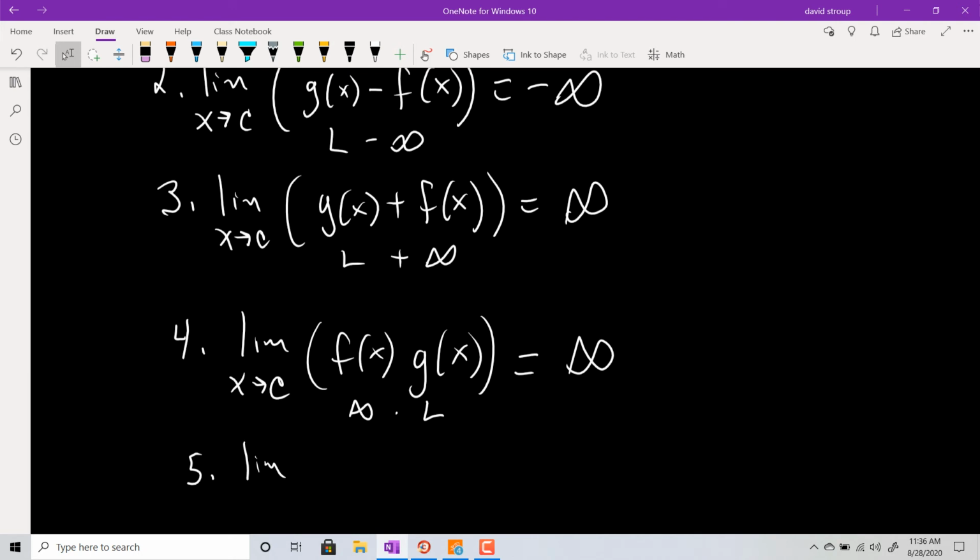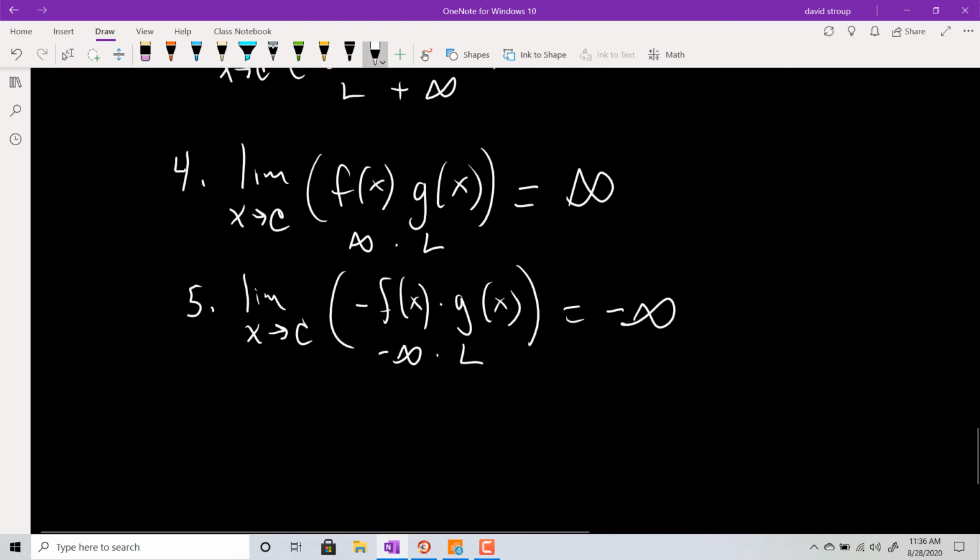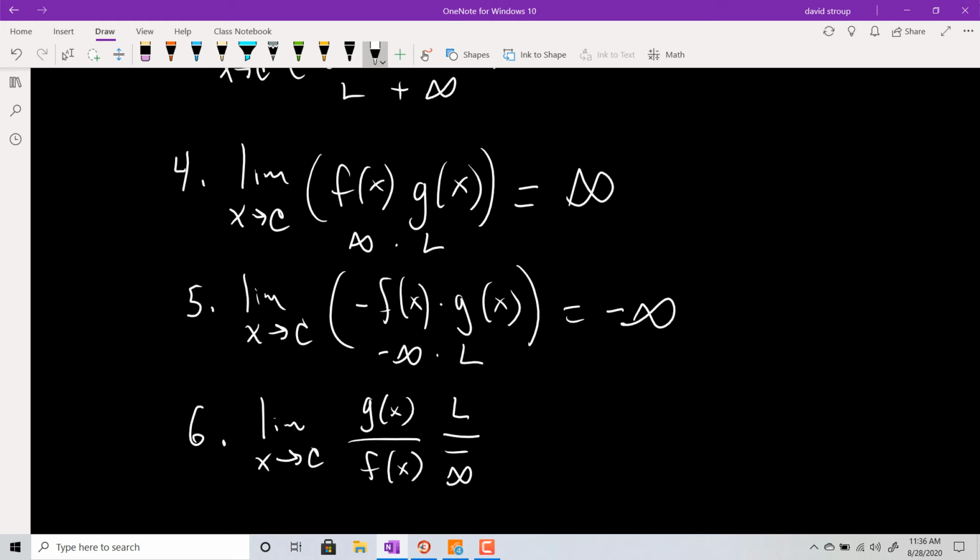If one of those factors is negative, so for example, if I introduce a negative on the f of x and then times g of x, where L is greater than 0, that'll be negative infinity times L. And at the end, it's like a negative times a positive, so it ends up being negative infinity. When you're doing division, if you have something like L over infinity, limit as x goes to c of g of x over f of x, which I'm calling L over infinity, unlike L over 0, it will go to 0.